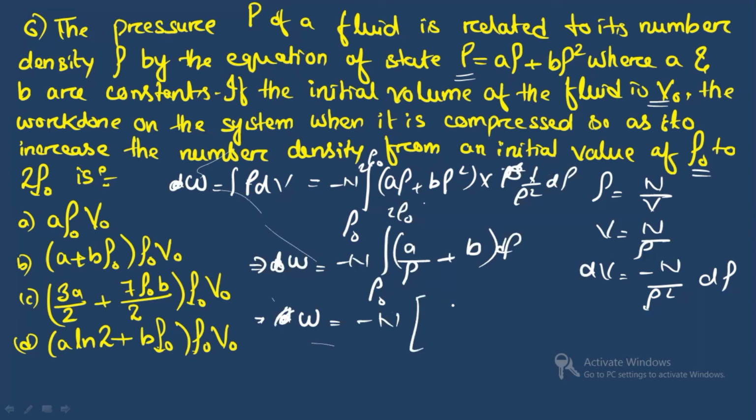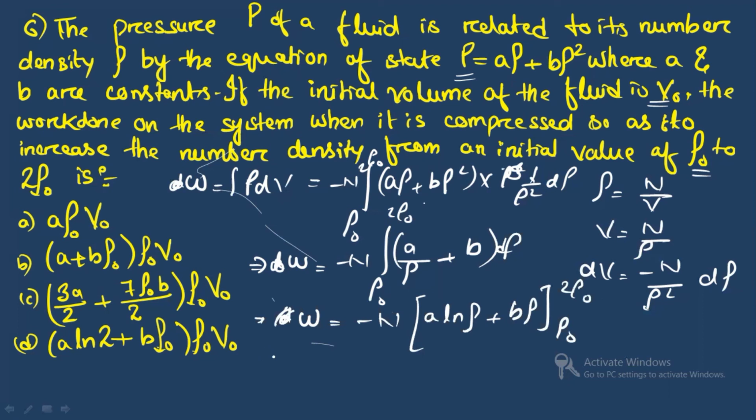When you integrate, A by rho gives A ln rho, because the integral of 1 by rho is ln rho, plus here you will get B rho, with integration limit rho naught to 2 rho naught.